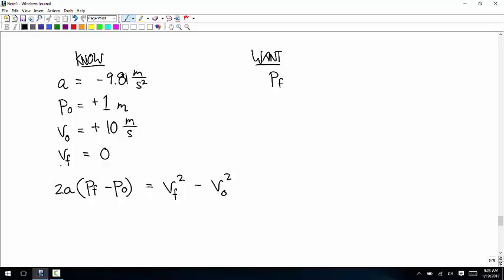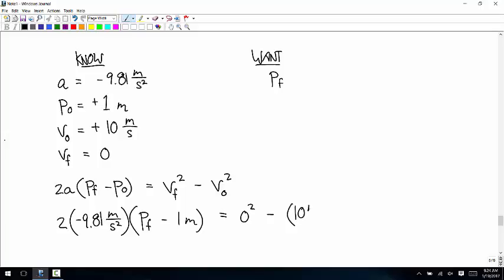And you can keep all the units in. All the units will work out in the end. So 2 times negative 9.81 meters per second squared times the quantity Pf minus 1 meter is equal to 0 squared minus 10 meters per second squared, squared.